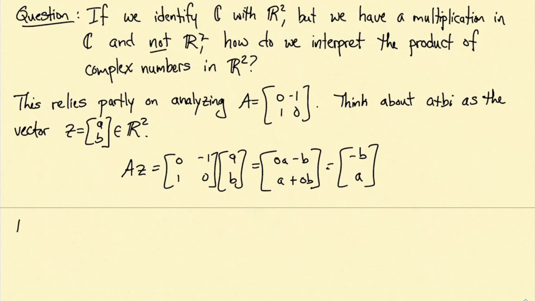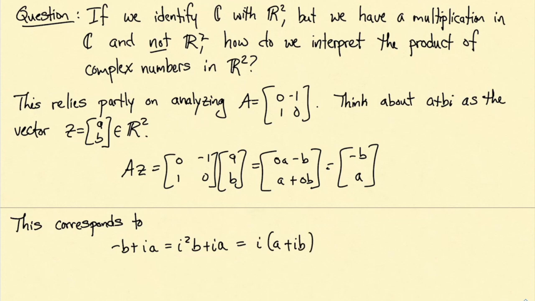If we rewrite this vector as the complex number to which it is associated, we would have the complex number negative b plus i times a. And of course, if we think about negative 1 as being i squared, then we can rewrite this as i squared b plus ia. Factoring in i on the left, we're left with i times (a plus ib).